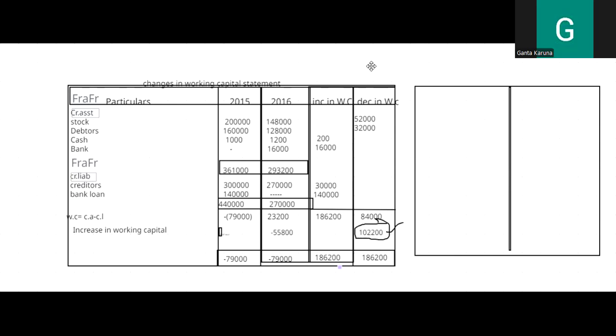So leave it. Now, particulars, amount, my particulars and amount columns.